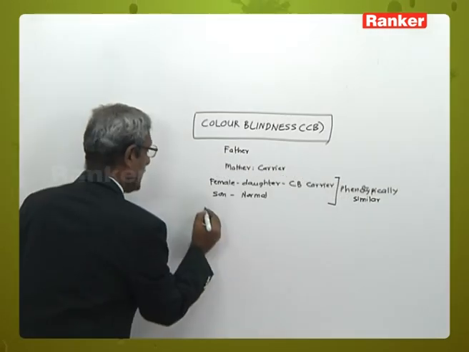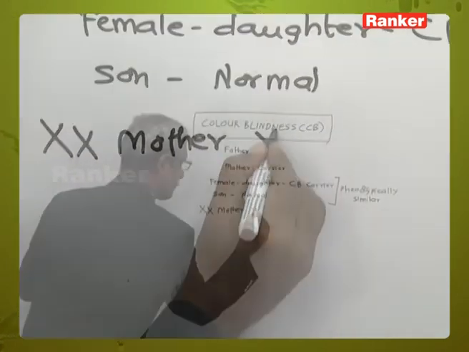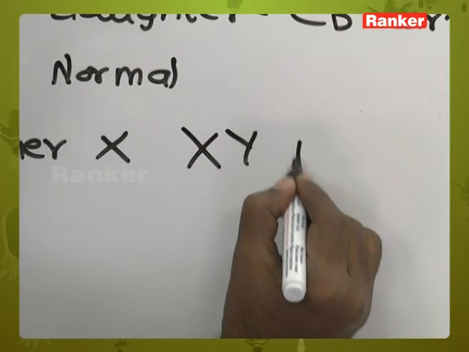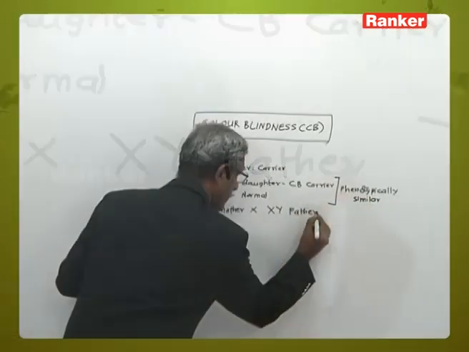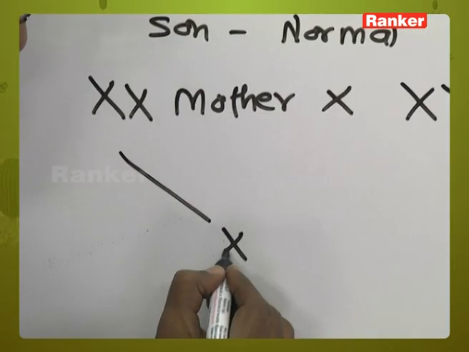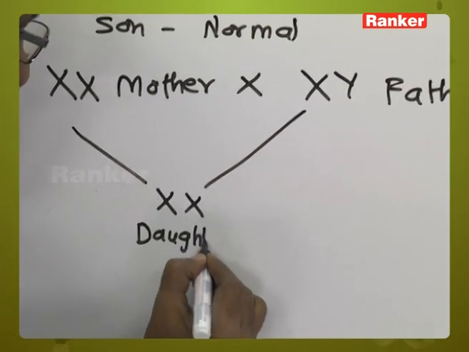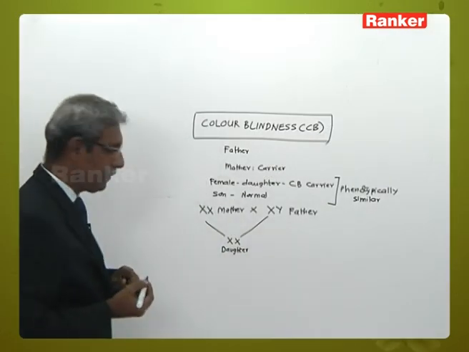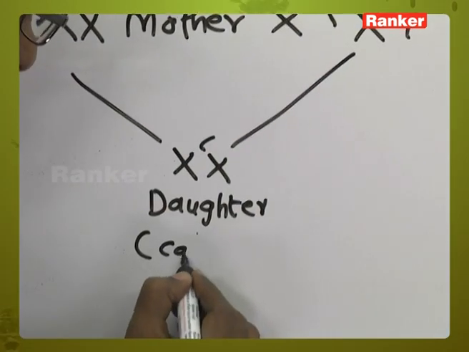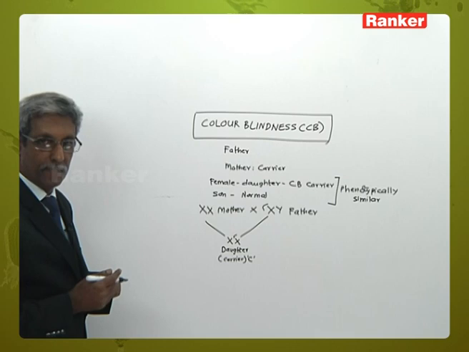If XX designates a mother, and the crossing looks this way, XY is the father. The daughters, that is the X from here as well as the X from here, are the carriers for color blindness.